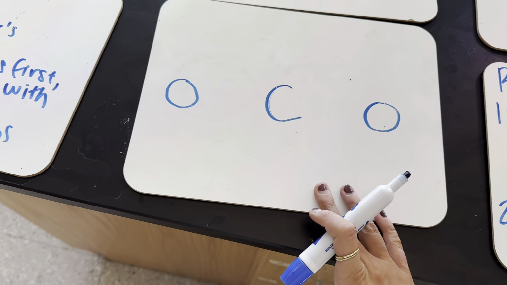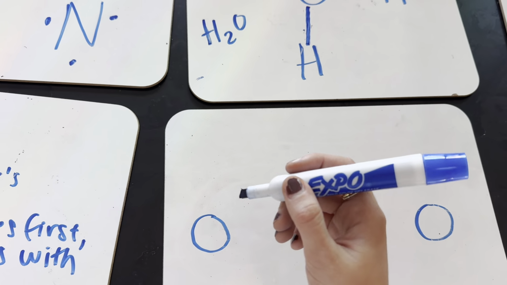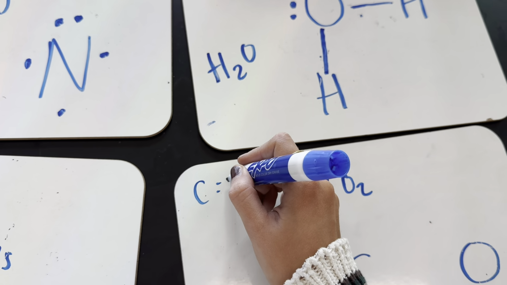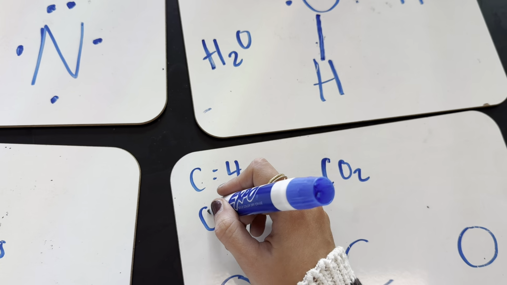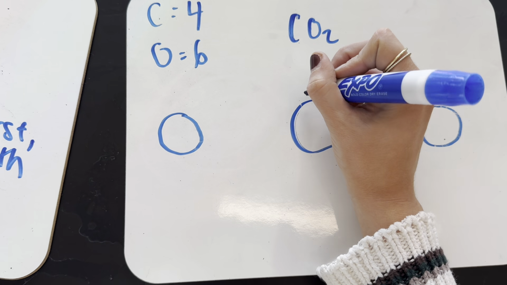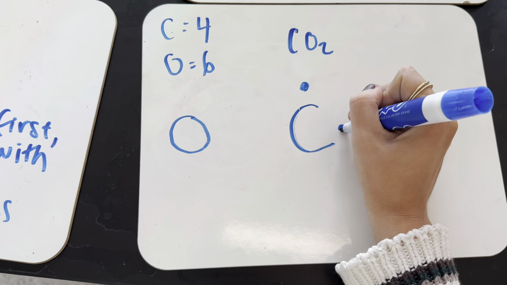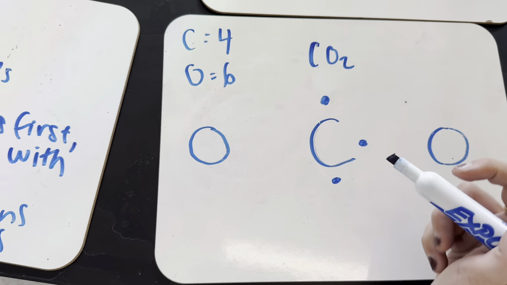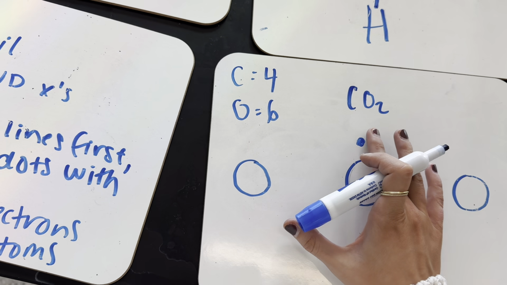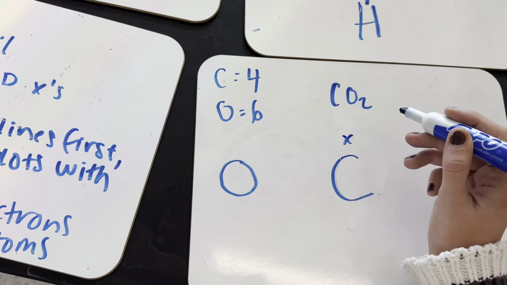So let's do one with a double bond. So this is going to be CO2, and carbon, we know, has 4 valence electrons. Oxygen has 6. So I'm going to draw my dots on carbon. Well, let's change it up just for funsies. It's arbitrary which one you choose to do dots and X's for.